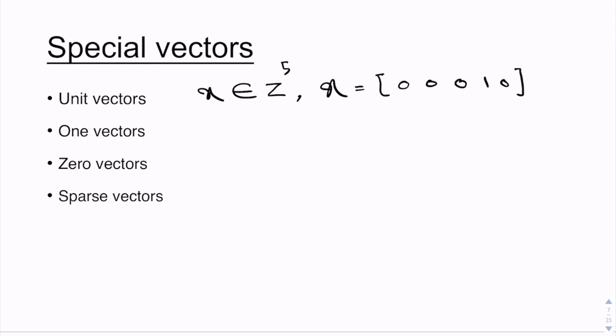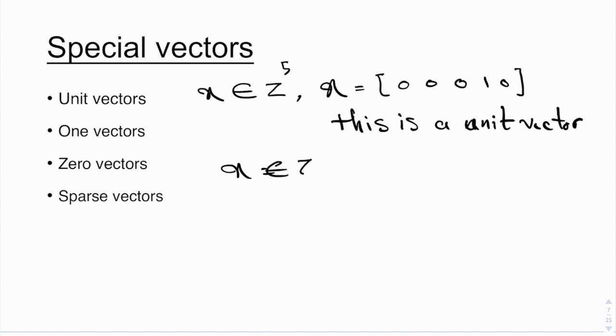So this is a unit vector. So as you see, all elements are 0 except 1, and then that element should be 1. So this is a unit vector. Okay?